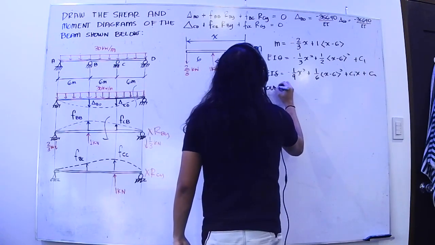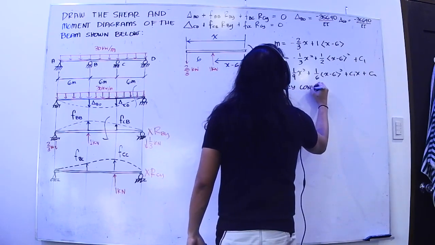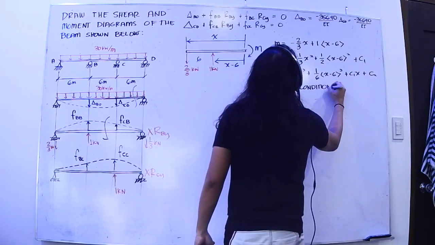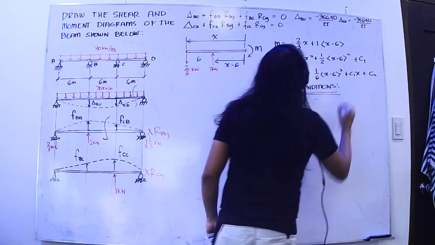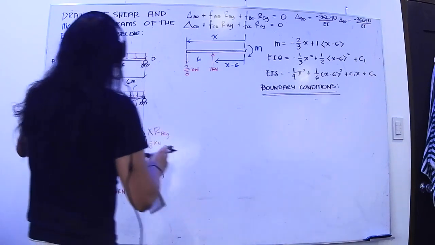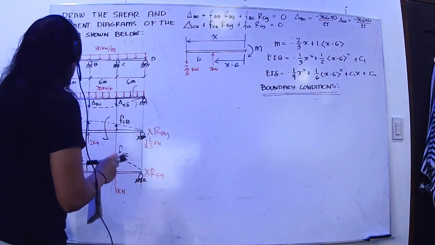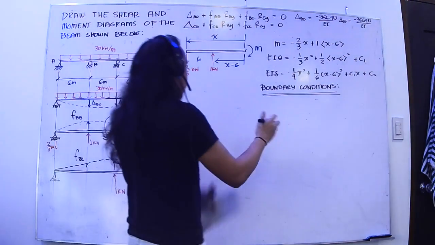Okay, I will solve for the boundary conditions. Have to keep in mind that at the supports, the deflection is 0, at 0 and at 18.